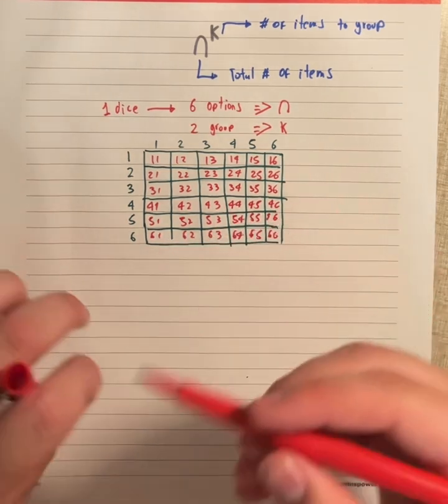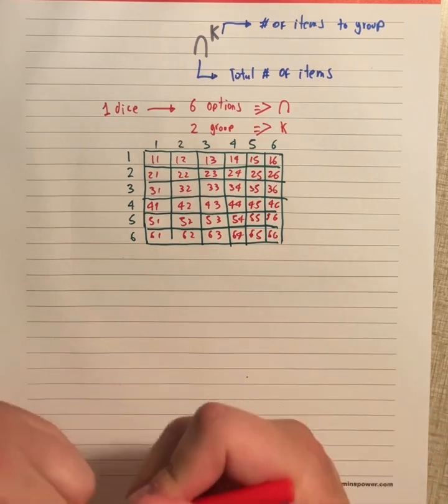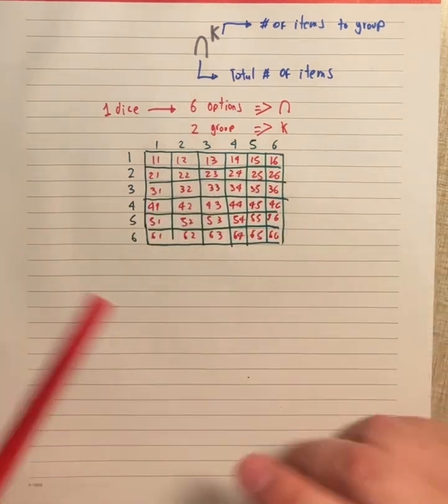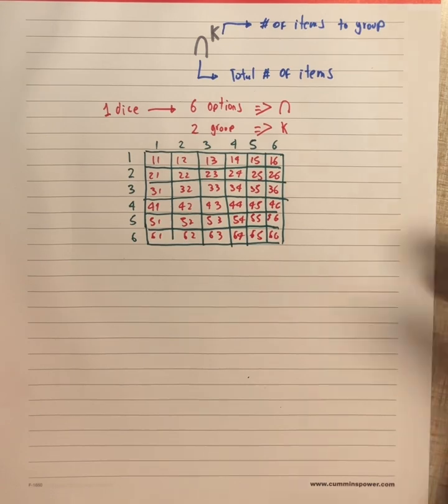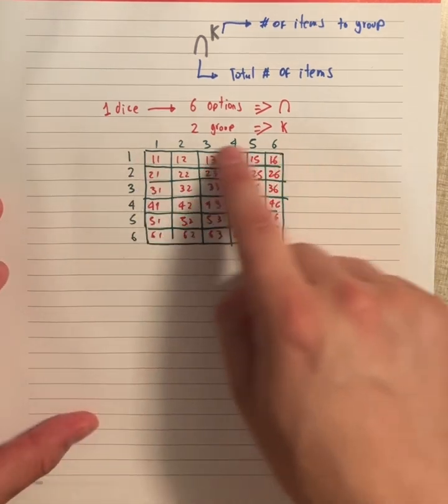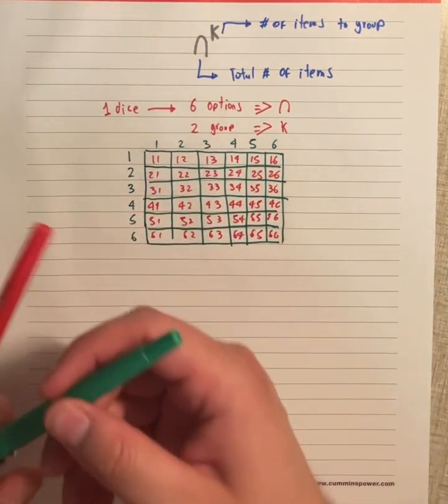Pretty much each of these represents one possible permutation. So there are all the different options, and guess what?